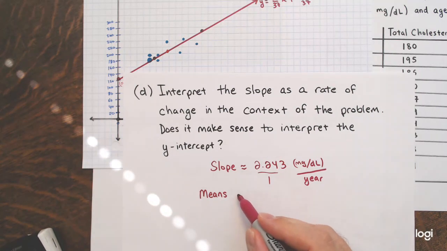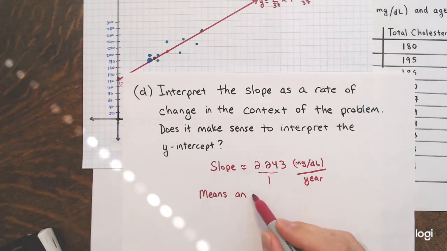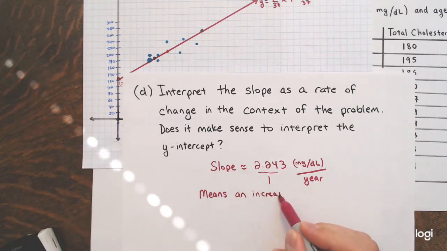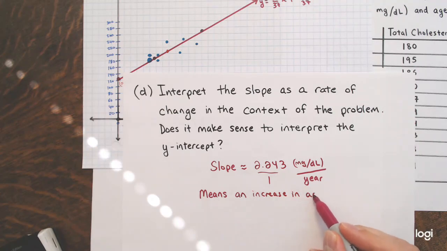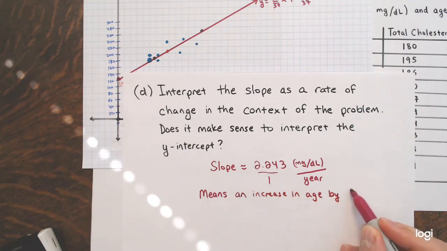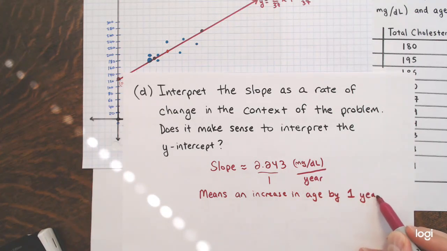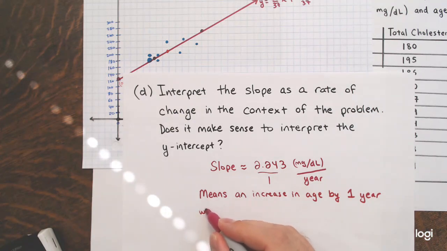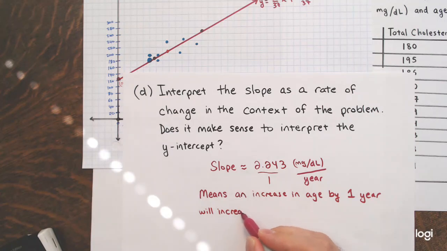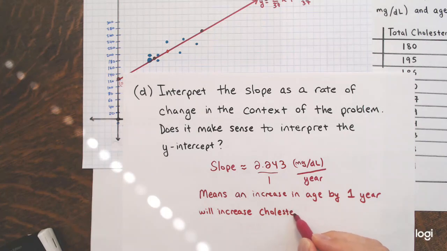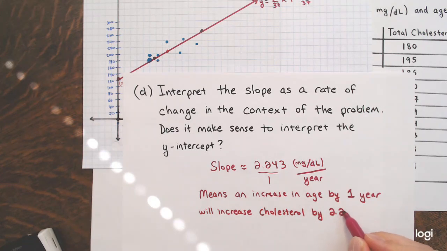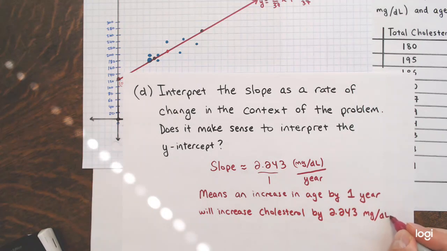So that means that an increase in age of 1 year will increase cholesterol by approximately 2.243 milligrams per deciliter.